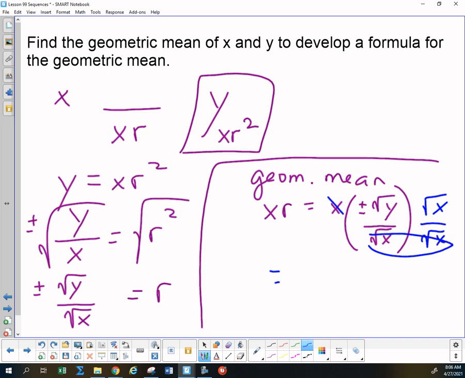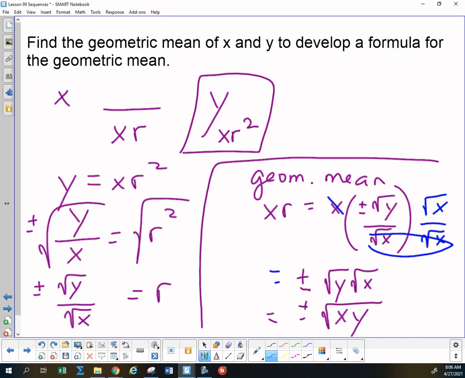So I have plus or minus the square root of y times the square root of x, but I can combine those, and I think I happen to like alphabetical order. So formula for a geometric mean, we actually have two, and we said we could do the pluses and minuses in a lot of cases there. So plus or minus the square root of x times y.